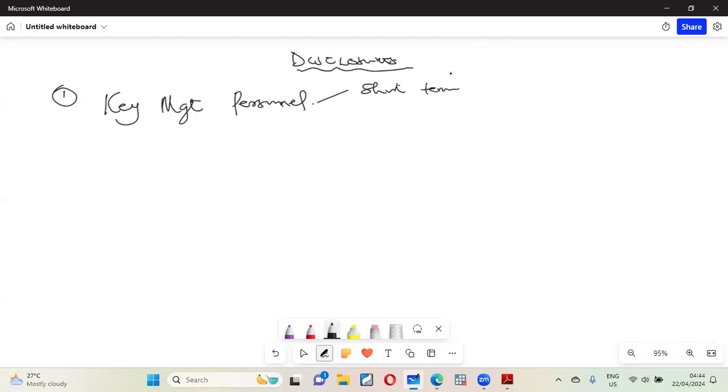So people are interested. Their short-term benefit has to be disclosed. Again, their pension benefit entirely has to be disclosed. Short-term includes salaries and bonuses. When they go on pension, everything must be disclosed.